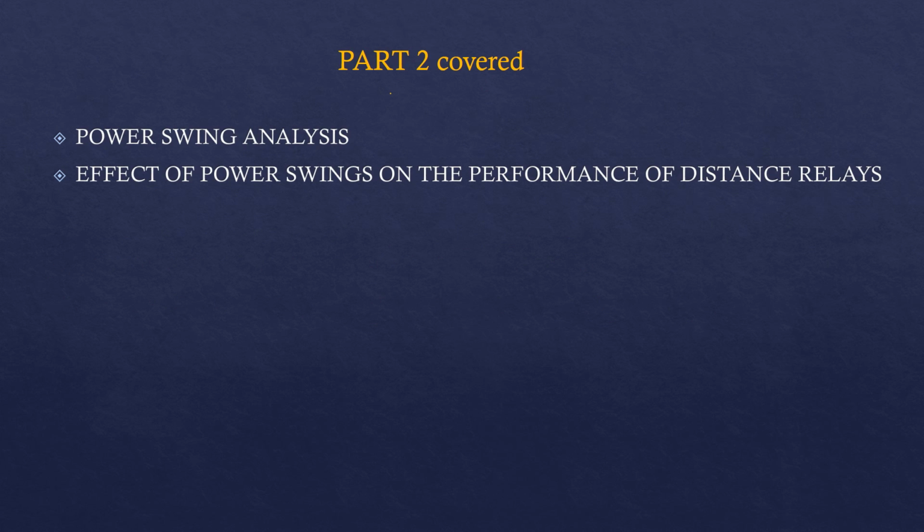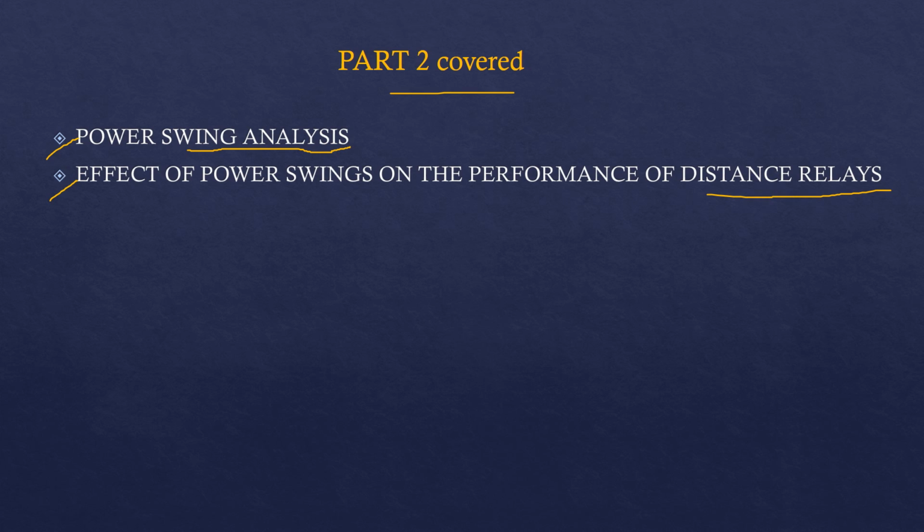In part 2, we have covered the following topics: power swing analysis and the effect of power swing on the performance of distance relay. With the help of power swing analysis, we have seen how the distance relay gets affected during power swing. Also, here we have concluded that a power swing appears like a fault, but this fault is changing its location with respect to the relay point.